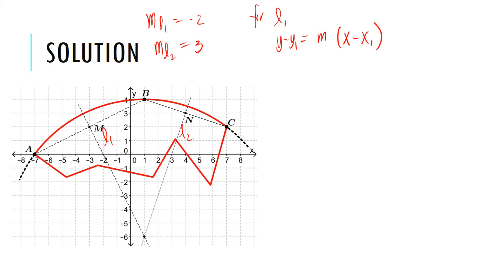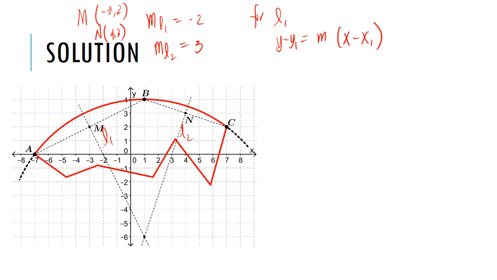And line 1 passes through the midpoint of AB, which is negative 3, 2, and line 2 passes through the point 4, 3, or the midpoint of BC, which is N.